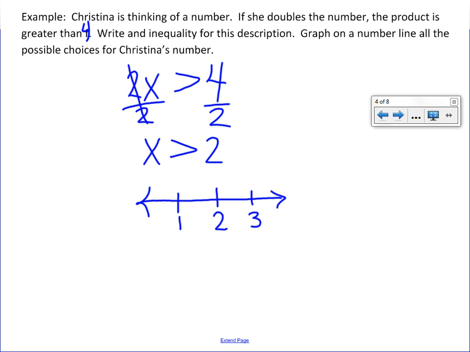Because my sign is just greater than, my sign will be open. Okay? My variable is on the left-hand side, so I can turn my inequality sign into an arrow. The arrow points to the right, so I shade to the right. So this is what the graph looks like. Okay?